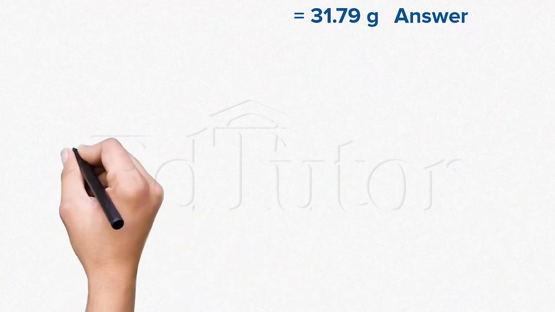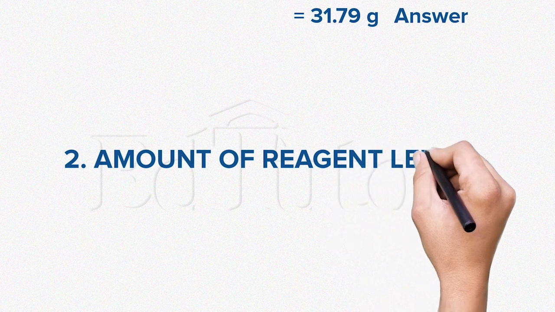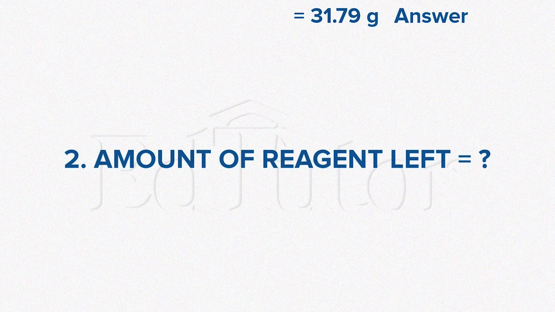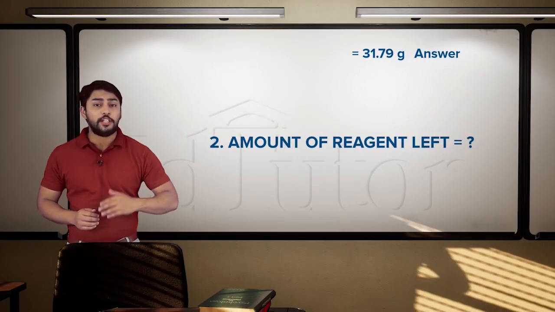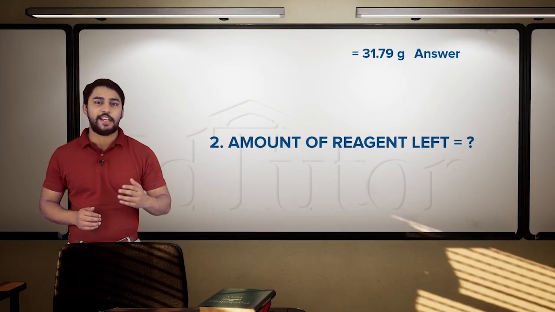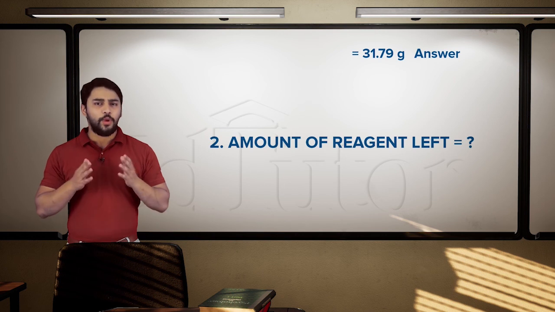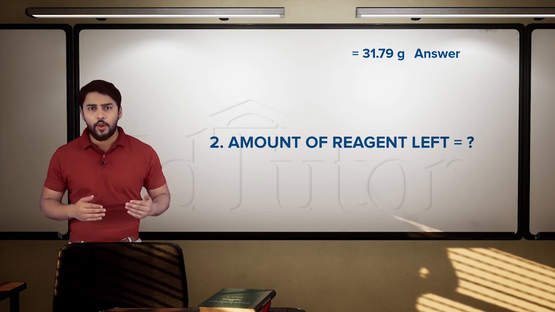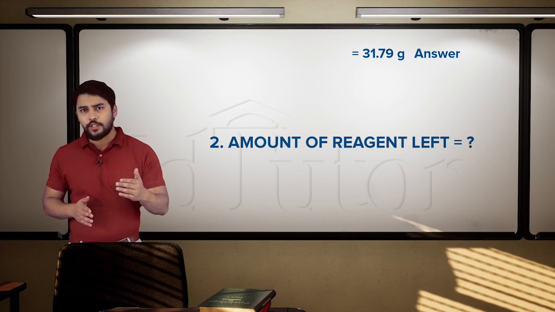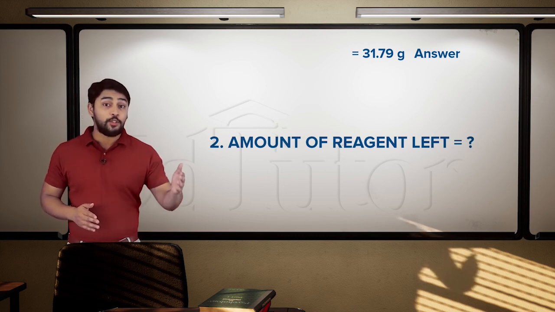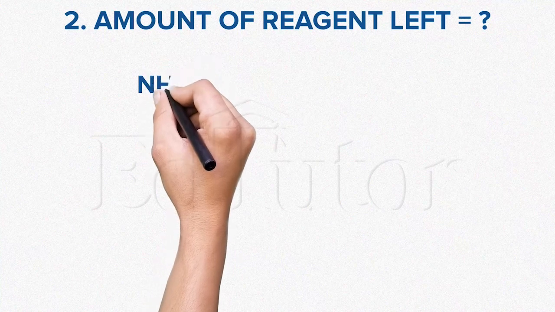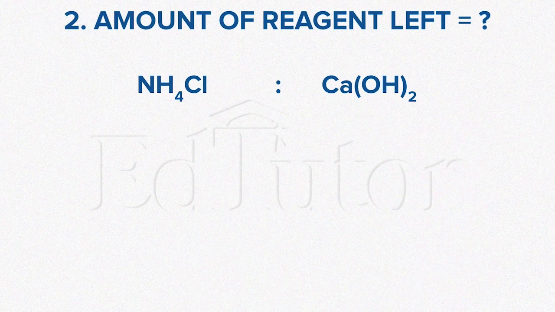Now, let's look at the second part, which requires us to find the amount of reagent left unreacted. In other words, it is basically the excess amount of reagent. Since we are required to find out the reactant which was present in excess, as per the equation, we are going to compare these two reactants, ammonium chloride and calcium hydroxide.